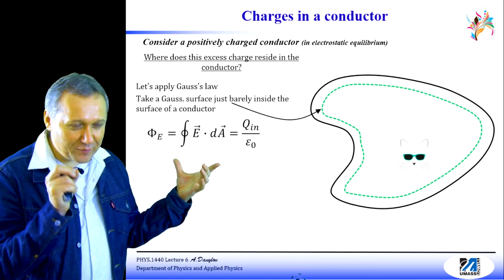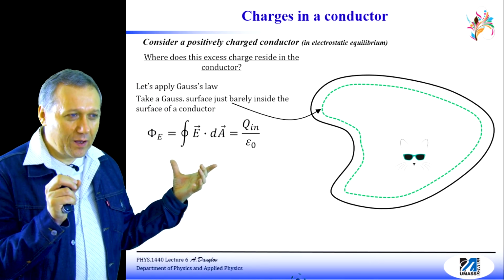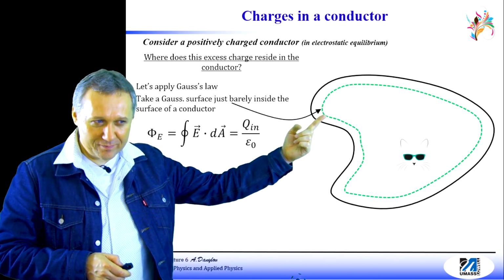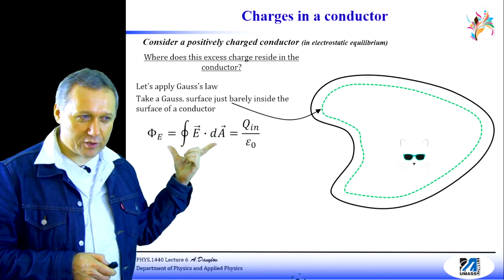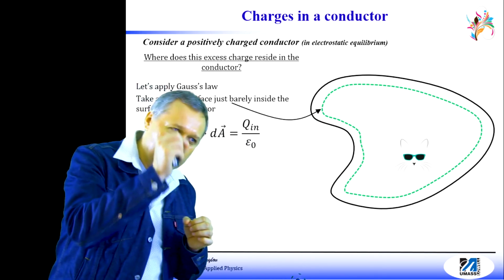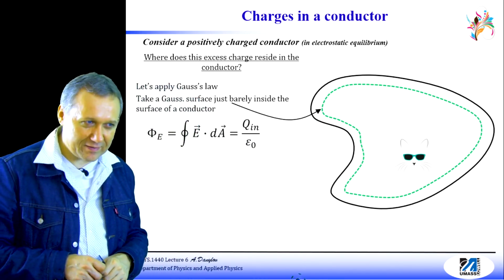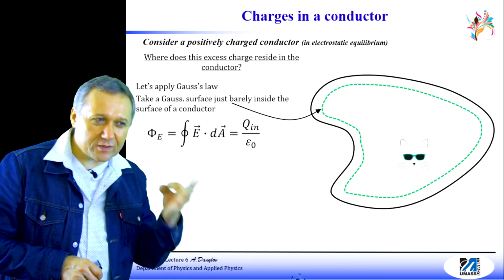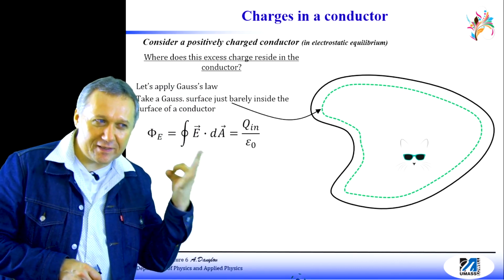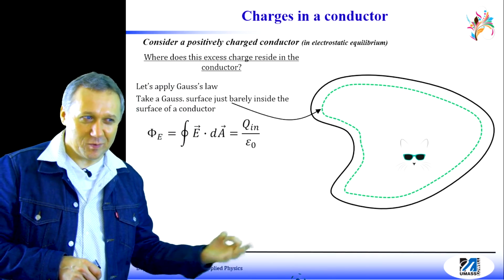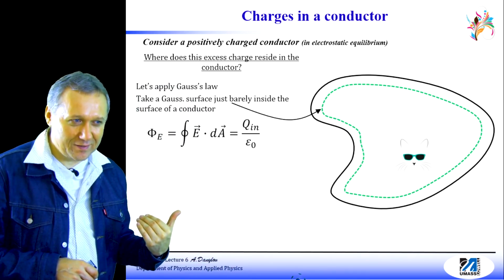Okay, if you're not very confident, let me push you. All right, so this Gaussian surface, and of course the integration is done over the Gaussian surface. Yeah, it's slightly below the surface, but it is inside of the conductor. What's the value of the electric field inside of the conductor in electrostatic equilibrium? We just discussed in the previous slide, right?